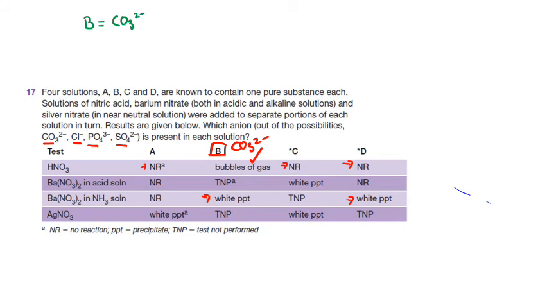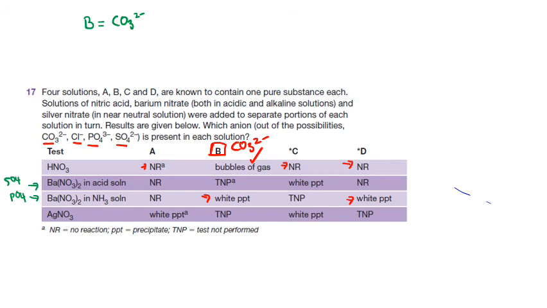Alright, let me go to my table, and barium. Barium can be positive for sulfates, or in low pH phosphates.